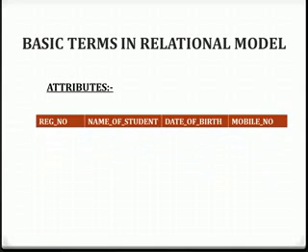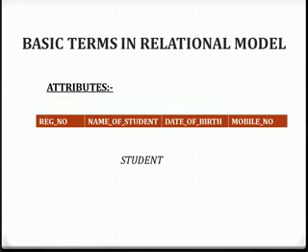The next technical term is attributes. Now after relation, the next term is attribute. What is an attribute? Just keep in mind that the headings, or the names of the columns, are called attributes. In the previous table you saw that it consists of 4 columns and 3 rows.